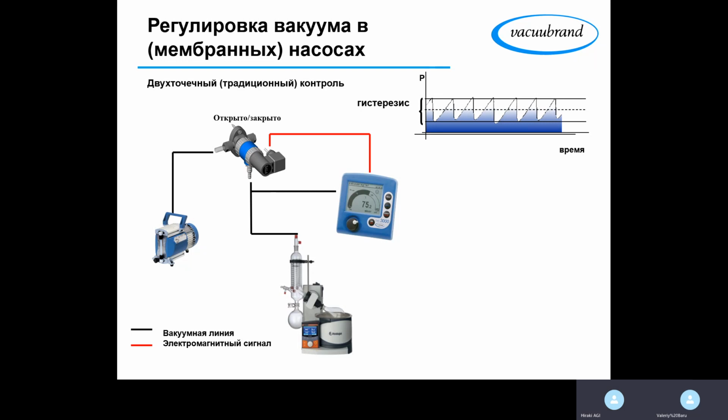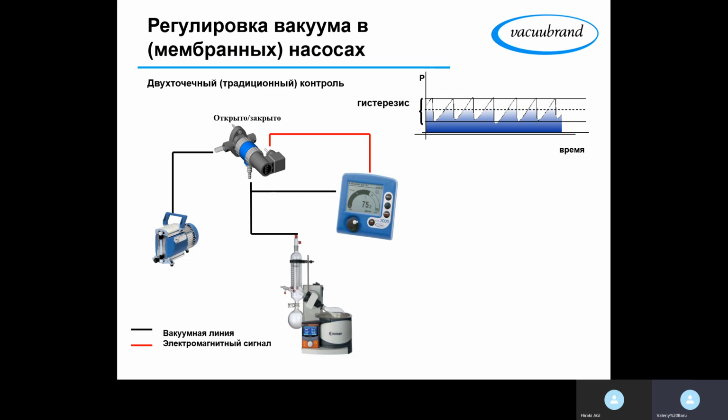Clear? Perfect. So in this case, we will have this kind of hysteresis, which is not good. Why? Let's imagine we check the tables, and we define that, for example, our substance boils at 75 millibars.